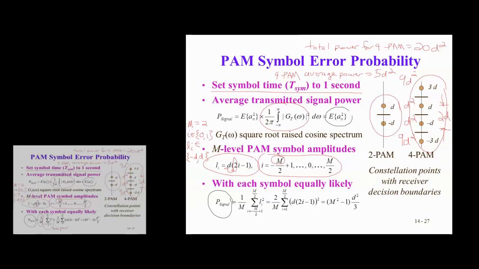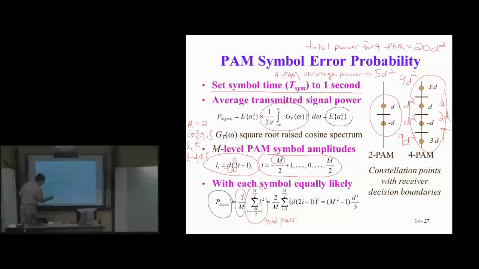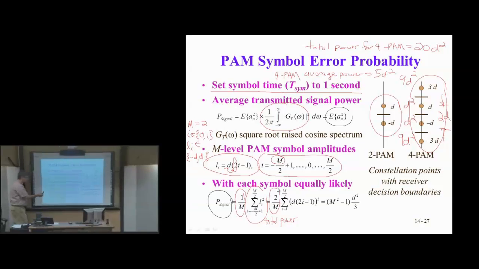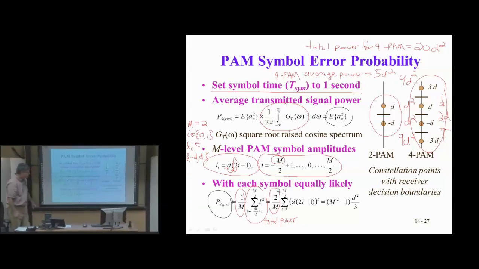I don't have to add all of them up because I have symmetry. As long as I add the positive ones or the negative ones, I'm good, and I can just multiply by 2. So I just add up half of the entries. I enumerate over the values of I from 1 to capital M over 2 inclusive.